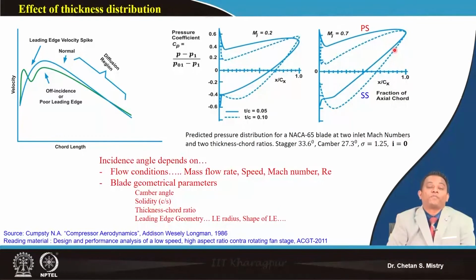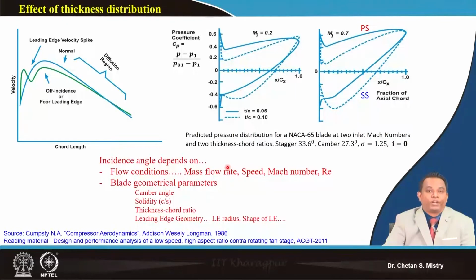So it may work fine for the design condition, but when we move towards off design condition, it may not work fine. Okay, so my incidence angle mainly depends on my flow conditions. What flow conditions?